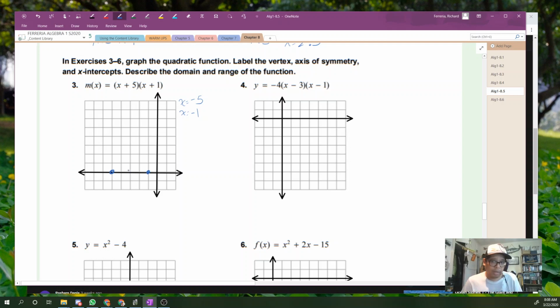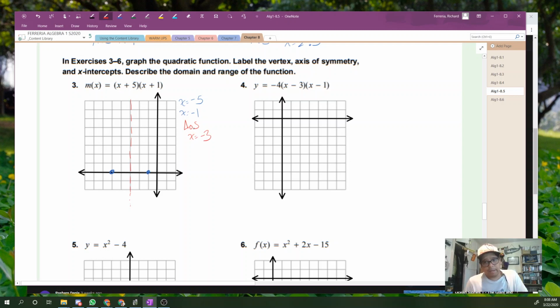So the number between -1 and -5, that's -3. So now we can make our -1, -2, -3. We can make our axis of symmetry right over here.